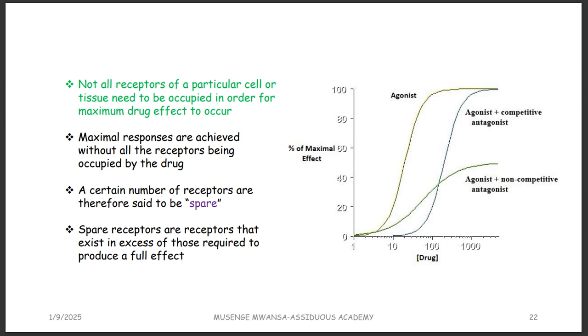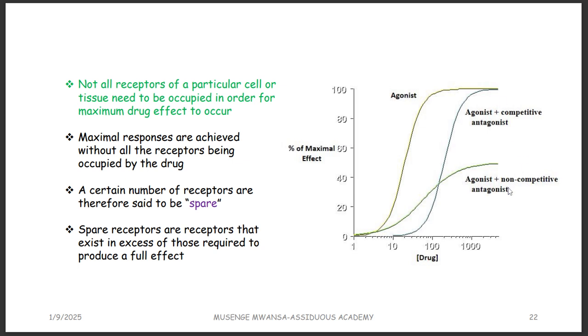A competitive antagonist is preventing the function of the agonist. So for the agonist to carry out its function, you need to give more of it. That's why you can see the line has shifted to the right. So there is a right shift of the graph. The right shift of the graph means that you need more of the agonist for it to do that same function. So in other words, the antagonist reduces the potency of the agonist.